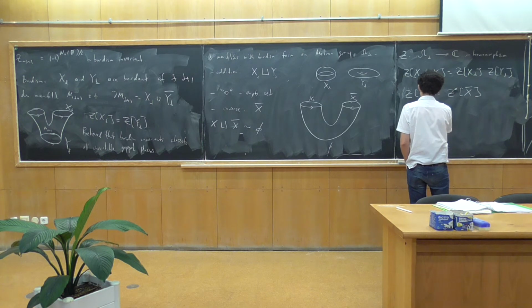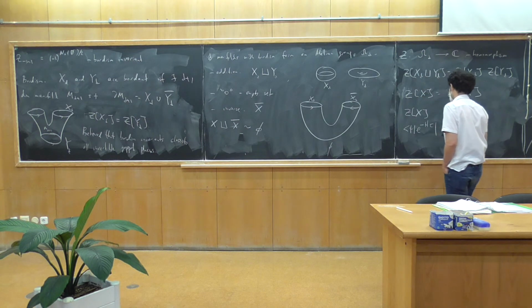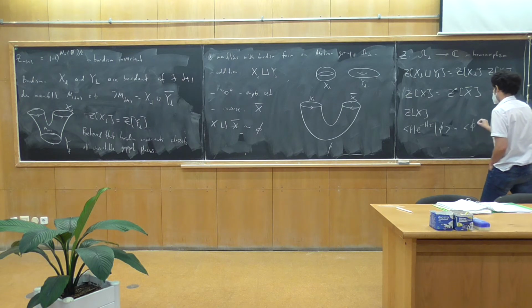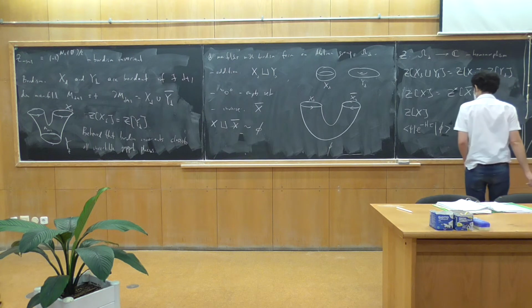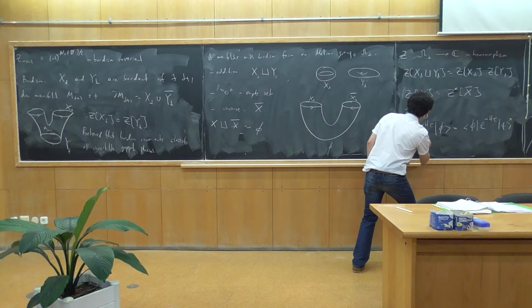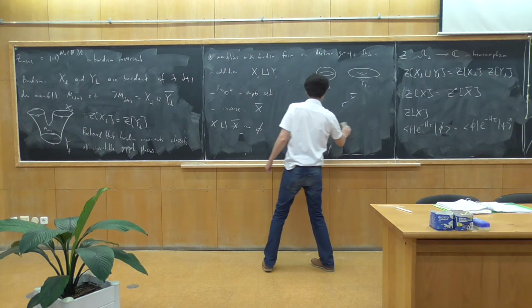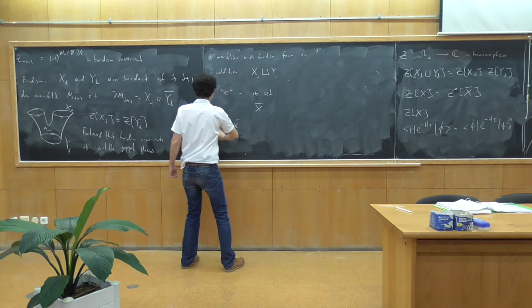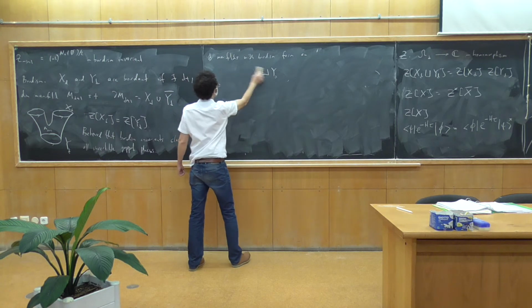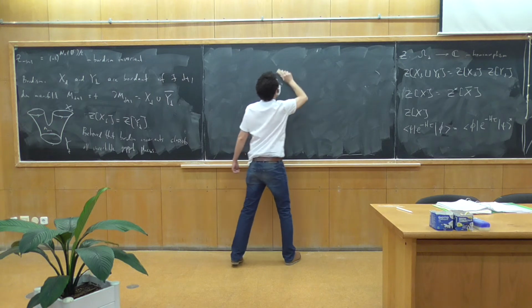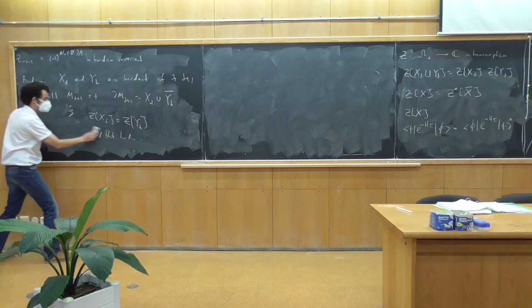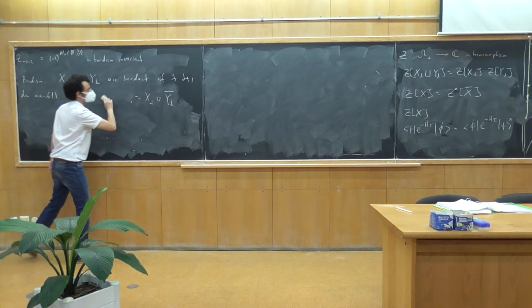Psi, e to the minus H T, phi, is... I think the basic point... this is the statement of reflection positivity at the level of partition functions. Well, it's a weaker statement actually than reflection positivity.